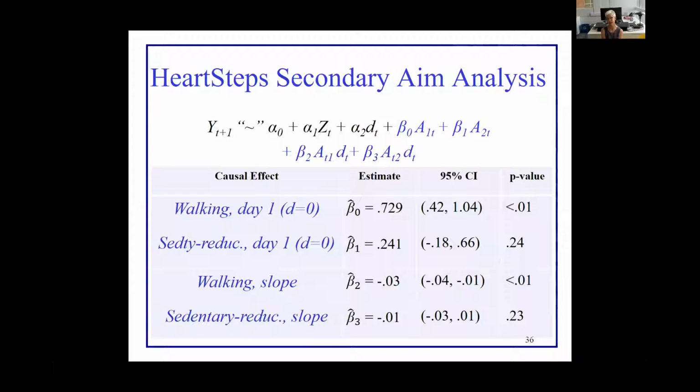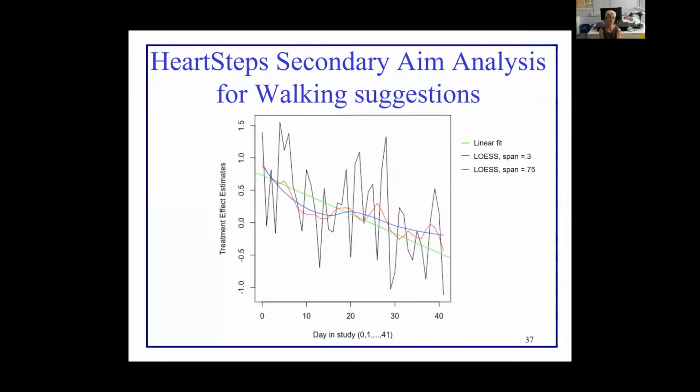But again, you get that negative slope. That's that 3rd line in this table. And again, by midway through the study, it's gone. This is really interesting, actually, because we are going to have a Heart Steps version 2 that's going to go in the field pretty soon.